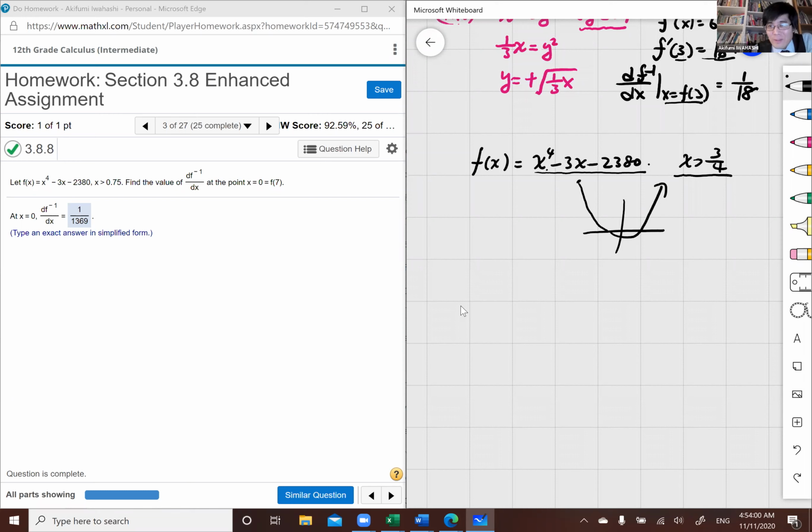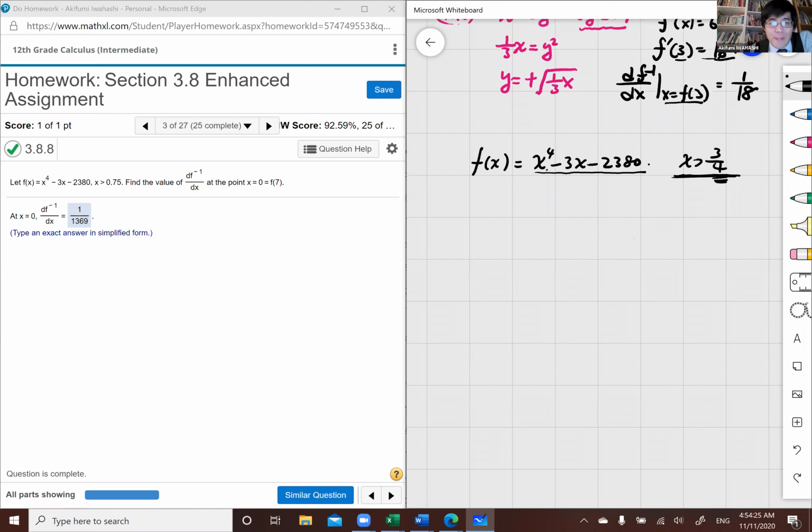However, by restricting to this part, you probably only see the increasing portion of the graph. So there will be some inverse function. You don't have to prove why x must be greater than this specific value. You will need the technique of derivatives, which will be learned in chapter 4.